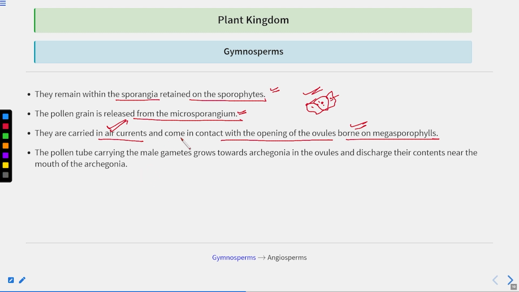The pollen tube carrying the male gametes grows towards the archegonia in the ovule and discharges their content near the mouth of the archegonia. So when the pollen grain germinates, it gives rise to the pollen tube.